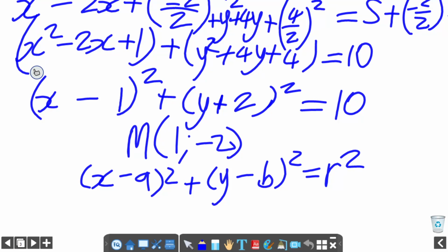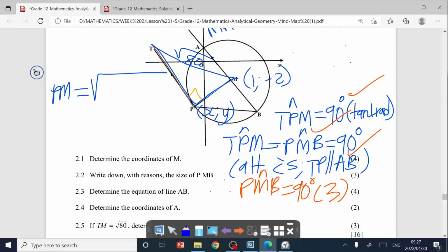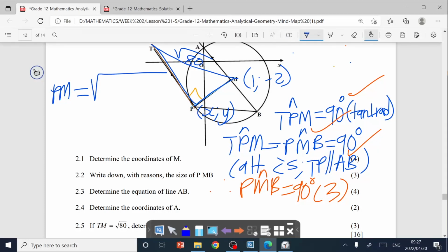Your r squared was equal to what? 10. What is r? R will be square root of 10. So that tells you PM is the radius, so it's the square root of 10.